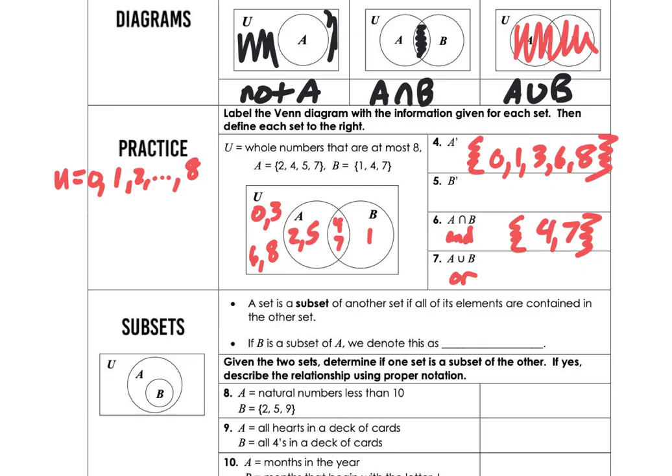Everything that's in either one of these circles. So we're looking at 1, 2, 4, 5, and 7. I always like to put them in order because I think it's easier to organize. Or at least for me, it's easier to grade probably. But as long as you include them in there, typically we would want to put them in order from smallest to largest.